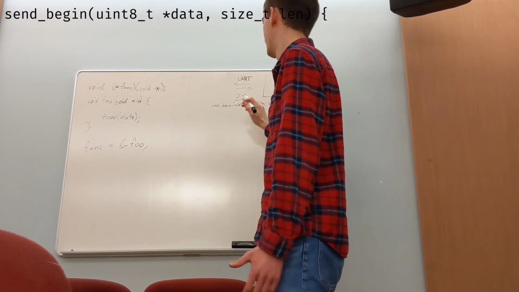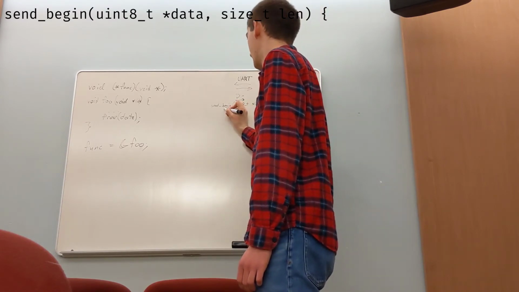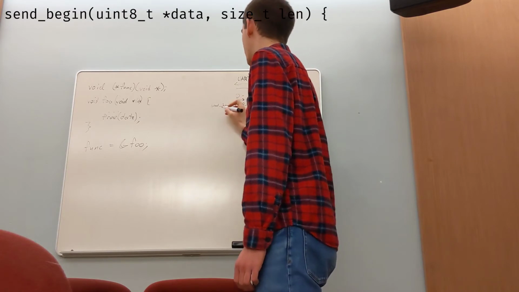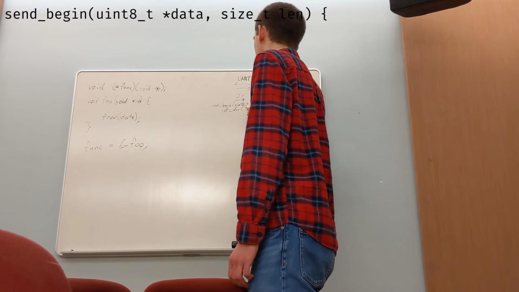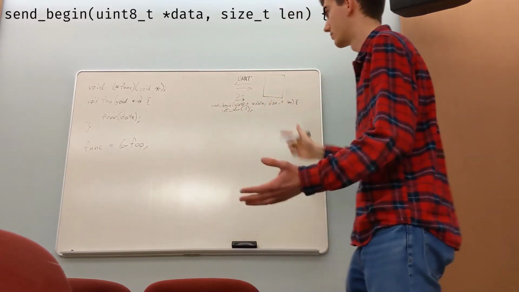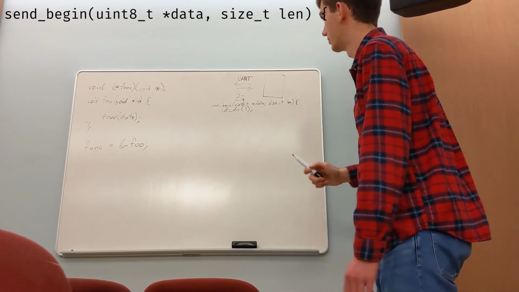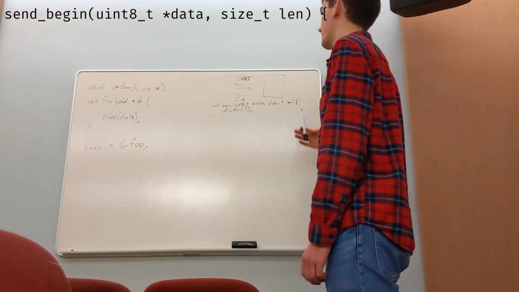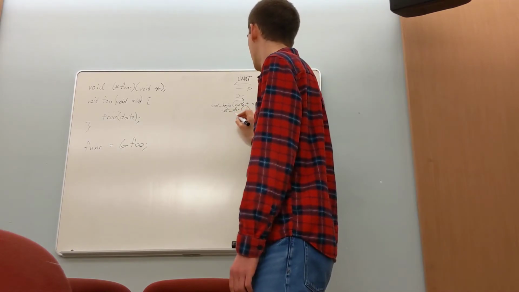First thing we want to do, we said, is turn the direction pin on. So maybe there's like set here 1 or something like that. We can assume that some function like that exists, and then we need to schedule something else to run after a certain amount of time, 1 microsecond, we say.